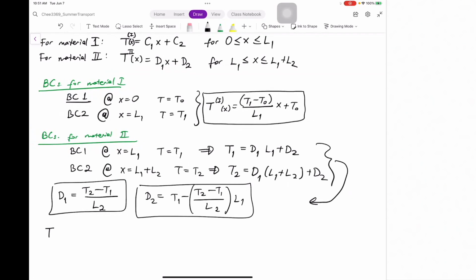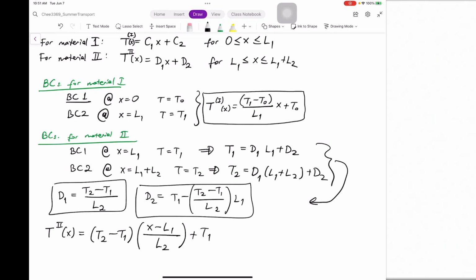So T2(x), if you plug in this D1 and D2 in these equations, and after rearranging, you will find that T2(x) is going to be (T2 minus T1) times (x minus L1) divided by L2, plus T1. Okay, so we found the temperature profiles.